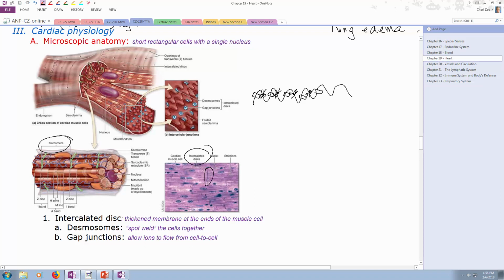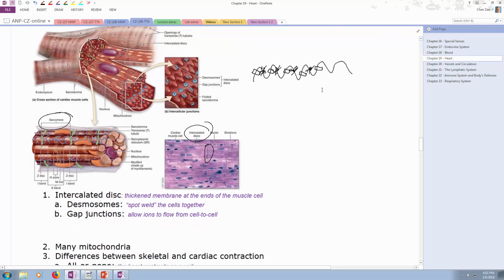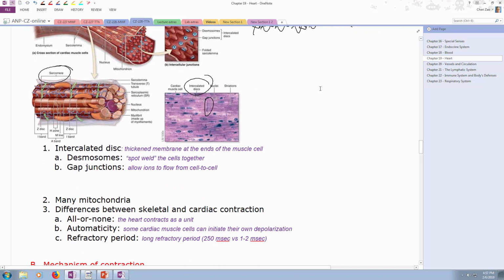Gap junctions, remember, are almost like one cell is connected to the other cell. They're bridging each other. So those gap junctions allow, whenever one cell experiences an electrical event, that electrical event to be passed on to the next cell, which will pass it on to the next cell. So our intercalated discs are indeed a combination of this undulating membrane held together with desmosomes and gap junctions.